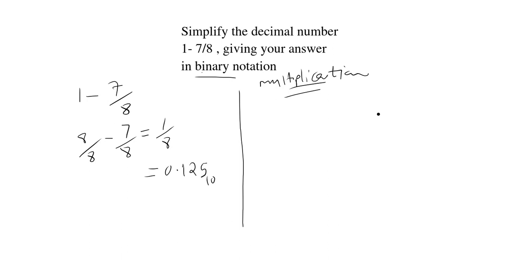This is how we arrange it. We have the number, we have the product, and we have the binary digit.